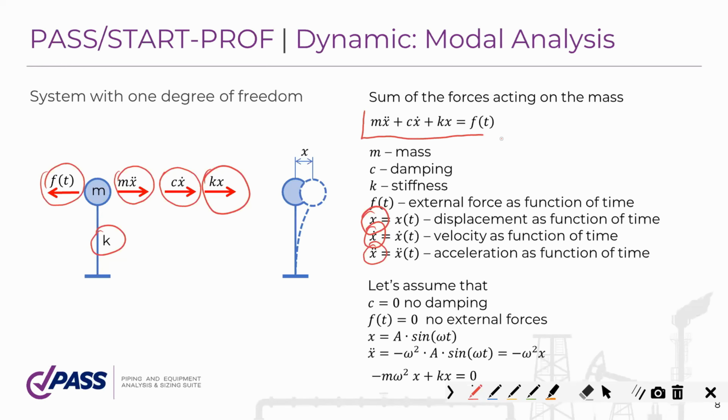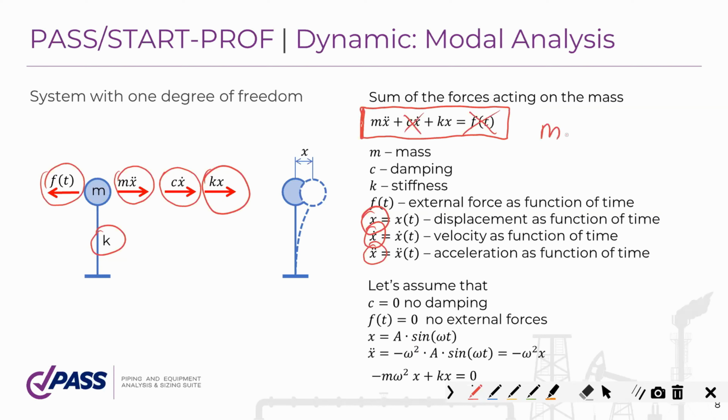So we can write the balance equation. All the forces acting on this mass must be balanced. So the equation will look like this. After that, we can assume that we don't have any damping in this system, and we don't have any external loads. We can simplify this equation.